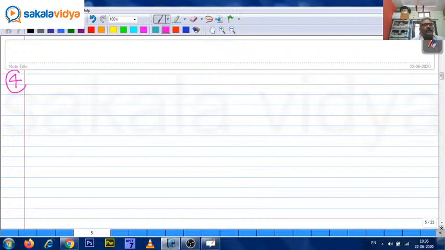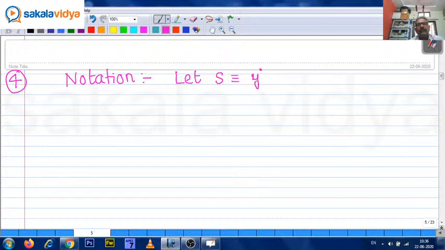Fourth point, in this chapter, this notation we will use. Notation is also very important. Always we can't say parabola, equation of the tangent, equation of the chord of contact like this, but instead of that we use some standard notation. This notation is also called abridged notation. Okay. So the notation is, let us say, S equals y square minus 4ax equals to 0.